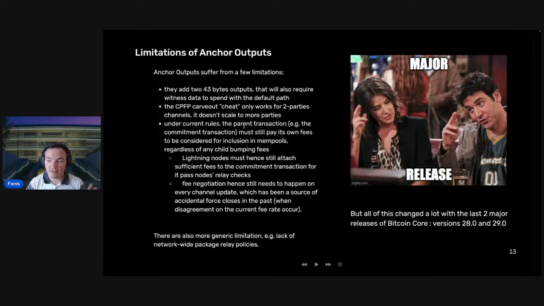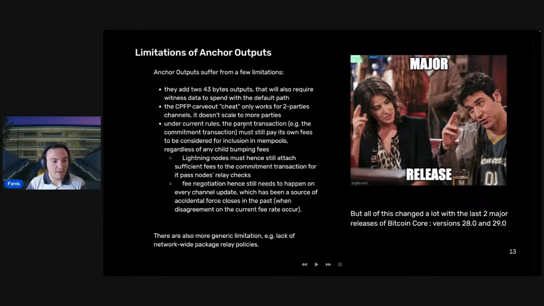because it creates some feedback loop between on-chain and Lightning, which is not ideal, because one of the goals of Lightning is to be a bit insulated from the on-chain fees, and especially from fee spikes.